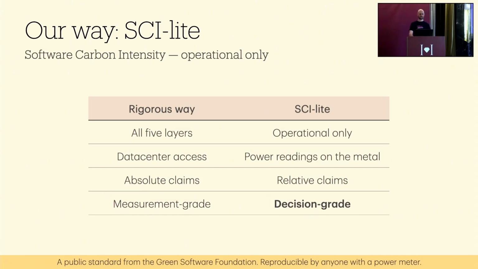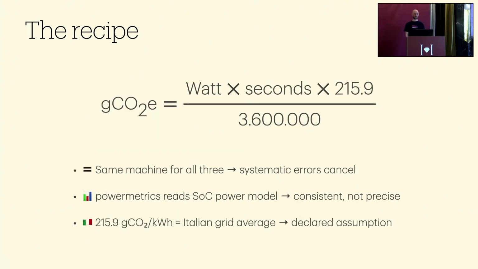So, drum roll. Here's the recipe. Here it is, the whole thing: watts times seconds times grid intensity. As I told you, it fits in one slide. Watts times seconds gives joules. Joules times grid carbon intensity gives you grams of CO2 equivalent. We apply it to each phase: preparation, load, and query.